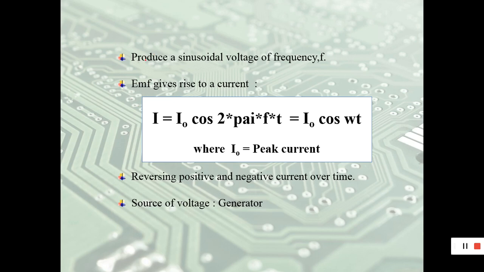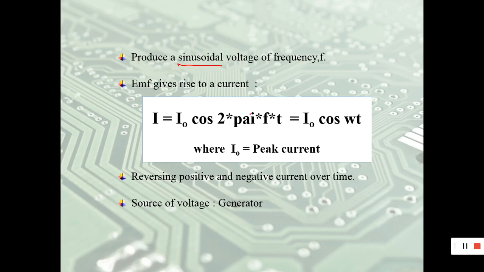So for the AC circuit, you will produce a sinusoidal voltage of frequency f. The sinusoidal voltage, the EMF, gives rise to the current.